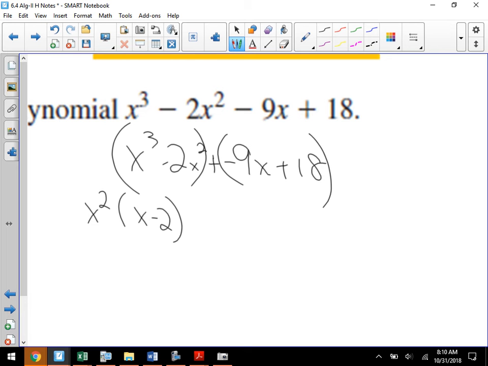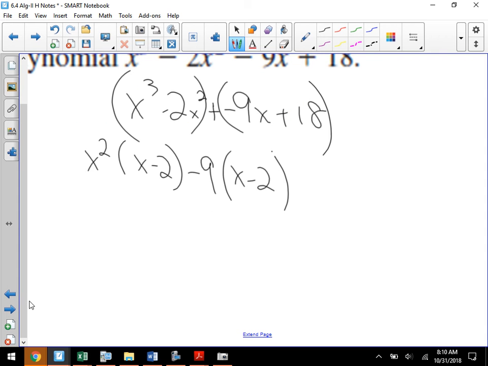Take out the negative 9, because I want what's in the parentheses to look like what we already have. Are the things in parentheses the same thing? Yep. So we write it down. And then you're left with x squared minus 9.